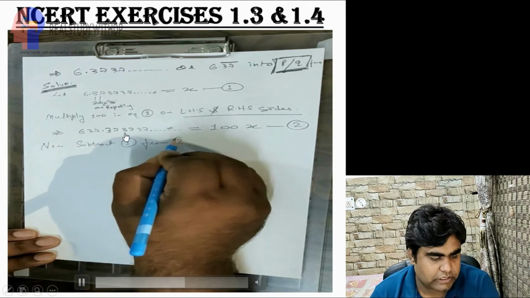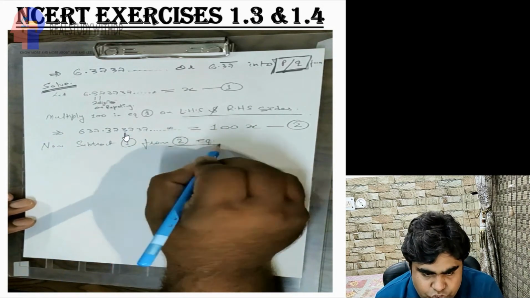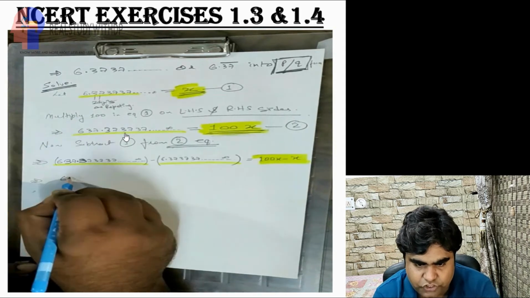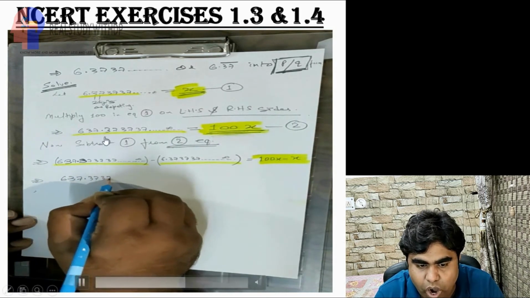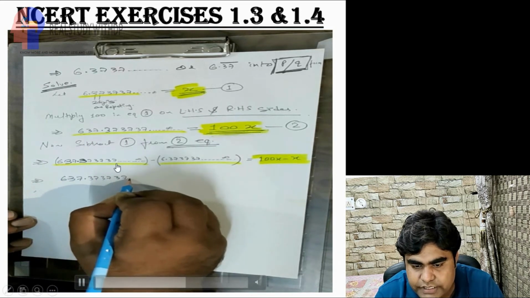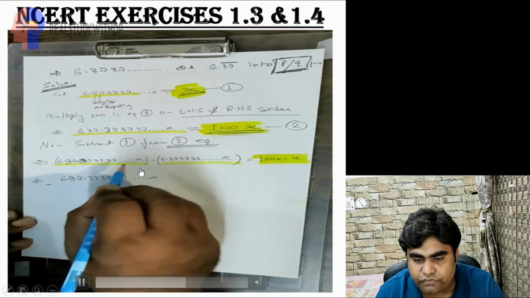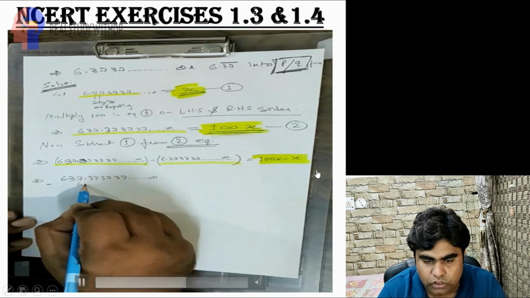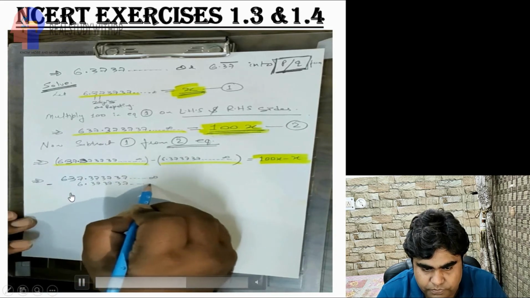Before performing this subtraction, we need to show what we are actually subtracting. So we are subtracting equation 1, here is the equation 1, from equation 2.